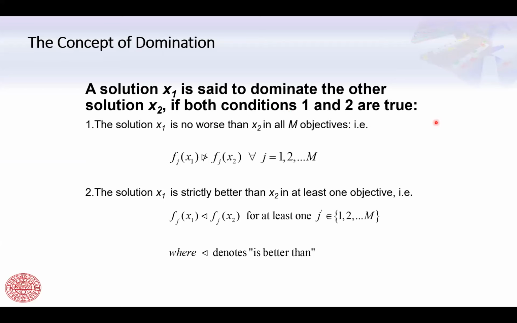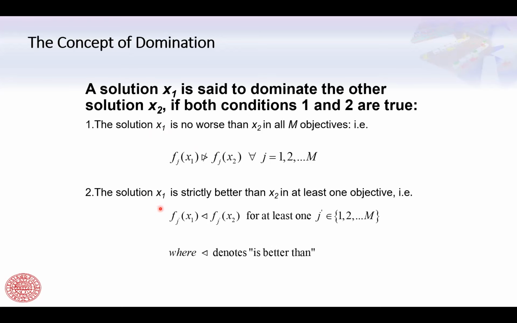Now we have two conditions to fulfill. The first condition is x1 is no worse than x2 in all objectives. So that means you will not find that the objective function value of x1 is actually lower than the other value, no matter what x2 is, when you compare x1 and x2, and this should hold in all objectives.